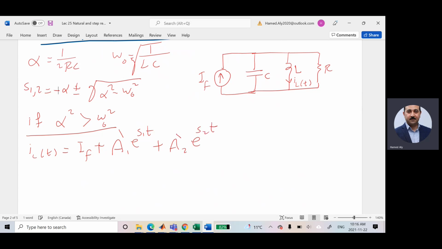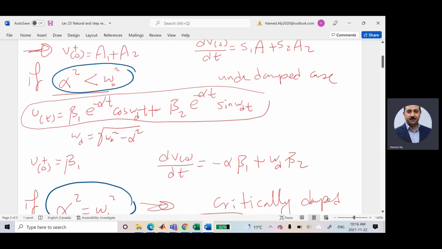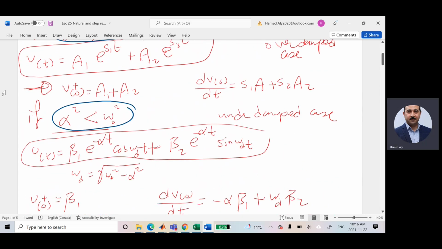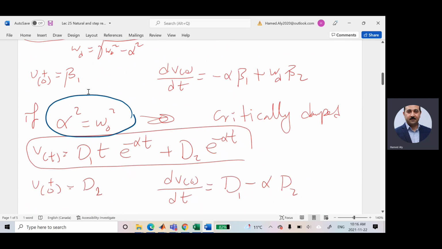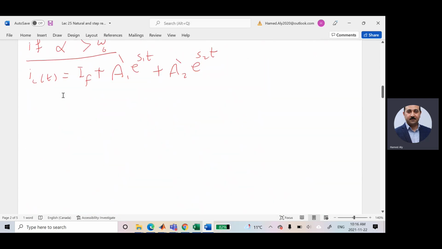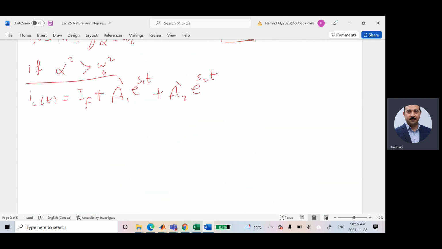From where can I find A1 prime and A2 prime? From the initial conditions, like what we did here. But here we used v, and in this case we are going to use i of 0. So I can say iL of 0 is equal to A1 prime plus A2 prime.